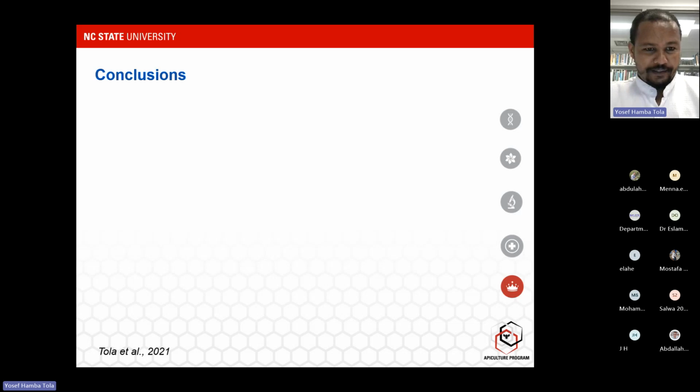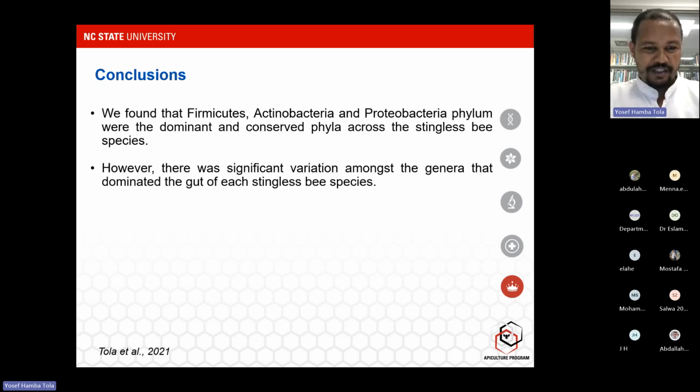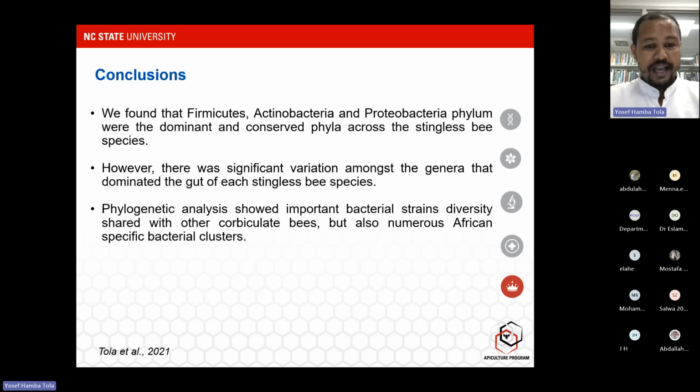To conclude this part, from this study of stingless bees, we found that the Firmicutes, Actinobacteria, and Proteobacteria phyla were the dominant and conserved phyla across the stingless bee species at the phylum level, while they varied across the species at the genus level. However, there was significant variation among the genera that dominated the gut microbiome of the stingless bee species.